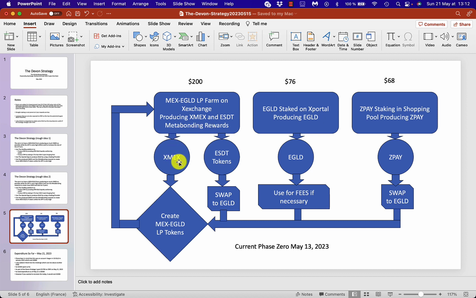So that means there'll always be XMEX left over, which means the actual size of the XMEX stash, and therefore the energy, should keep on increasing, which means the meta bonding will increase. So that means we'll get more of these ESDT tokens over time. Now, obviously, this will all change if the prices of everything go bad or even go good.